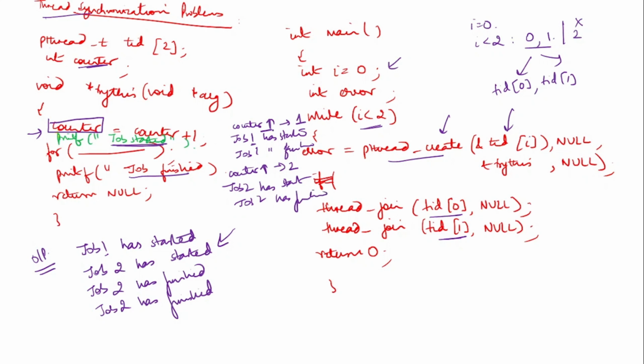Okay, but you can see I get the output job 1 has started, and as soon as again I got the output job 2 has started. So this is because the value of the counter variable got incremented again before the printing of this line job 1 has finished.